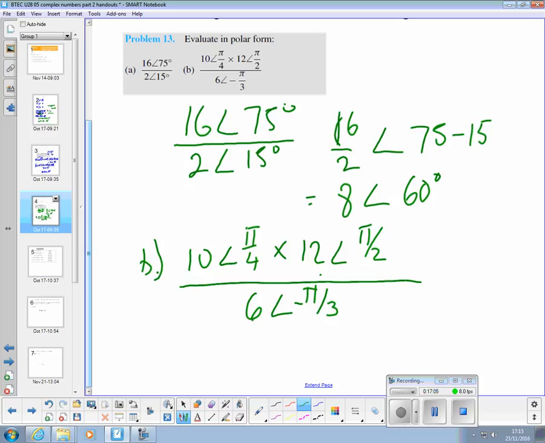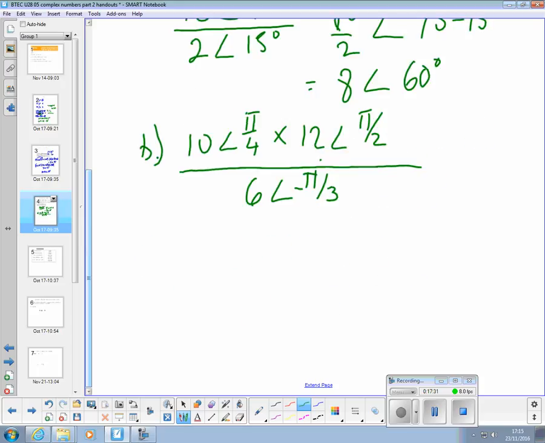How would you tackle that? What do you think the best way to tackle that would be? Do it all in one go? Do the numerator first. Okay?